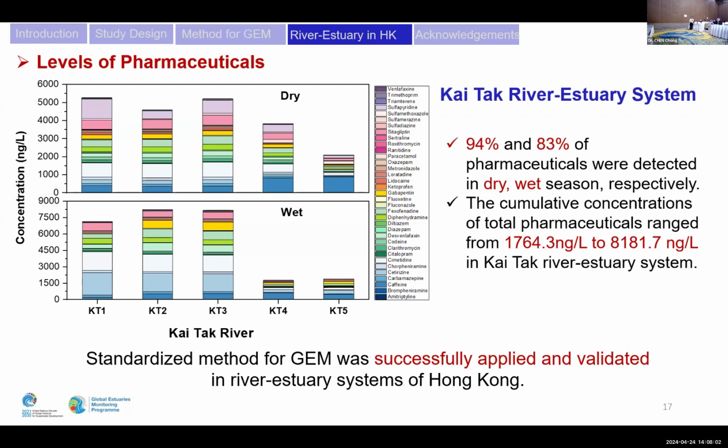The cumulative concentrations of total pharmaceuticals ranged from 1,764.3 nanogram per liter to over 8,000 nanogram per liter in the Caltech River Estuary system. This case can validate our GM method, and this method was successfully applied and validated in the River Estuary system of Hong Kong.